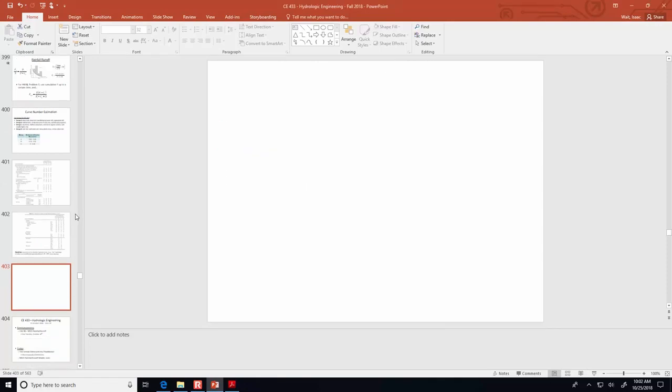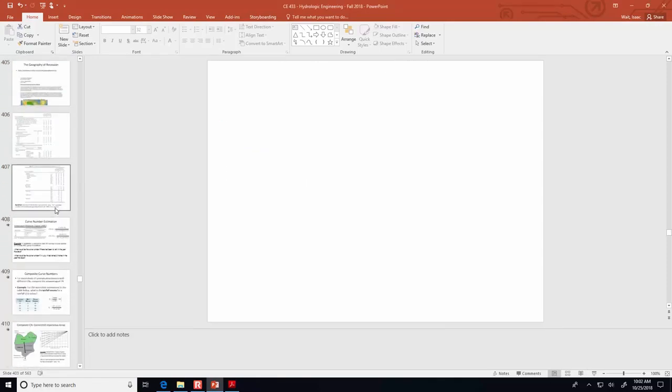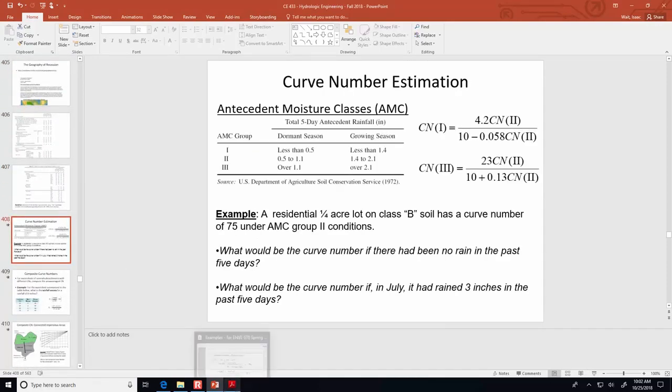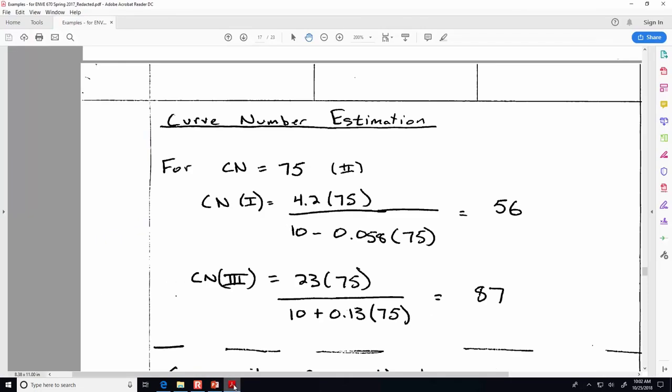And the other way to see that is if we calculate the storage, the S, based on these curve numbers.